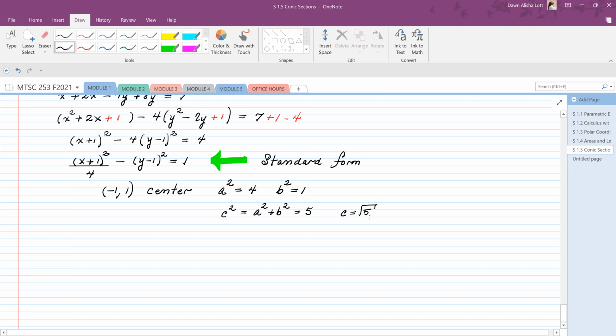All right, so now why did I find c? What's the big deal with c? You remember? What's the importance of c?